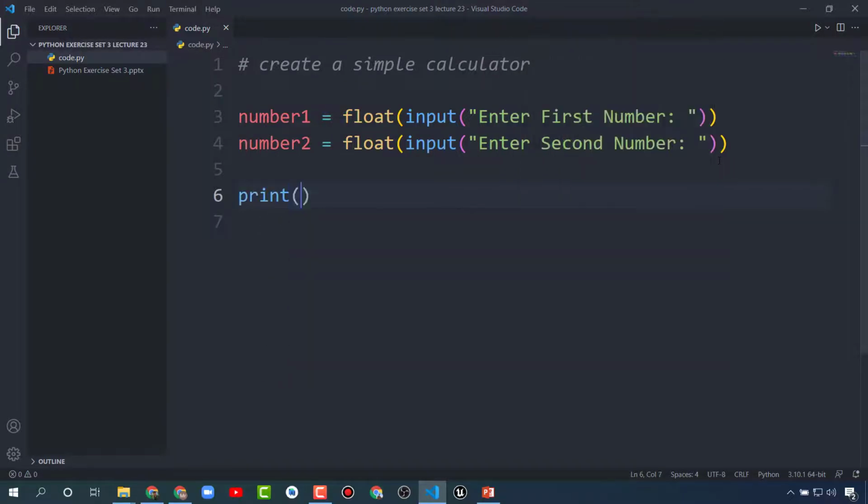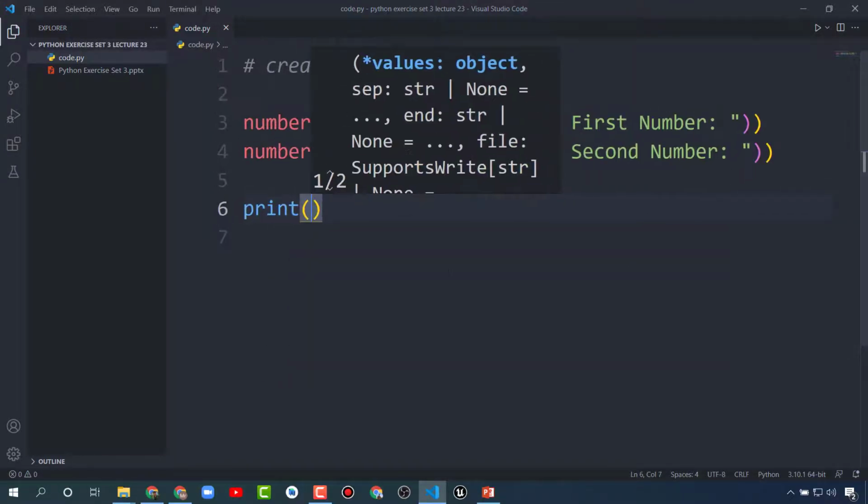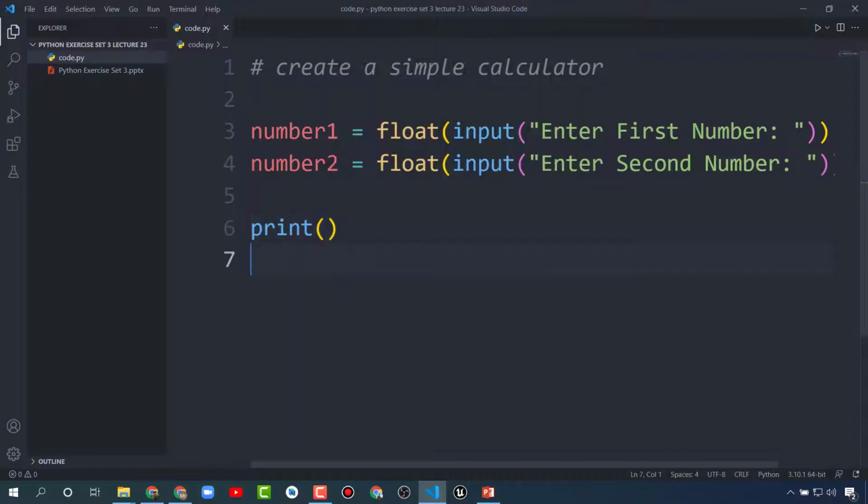Then we do arithmetic operations. So we are creating a calculator, so we do addition, subtraction, multiplication and division.